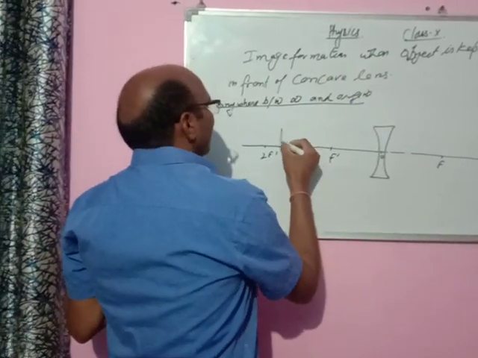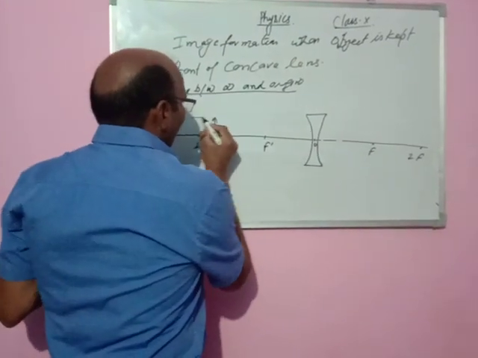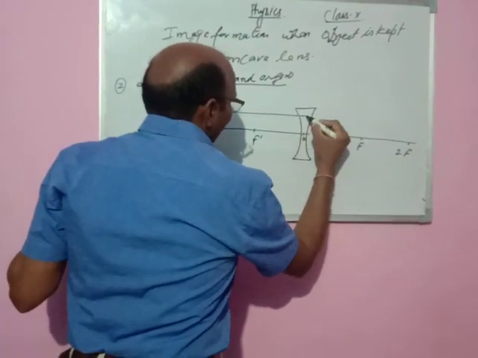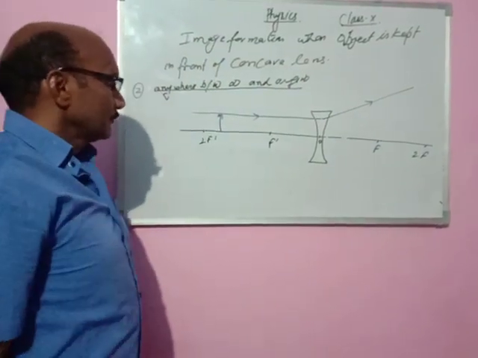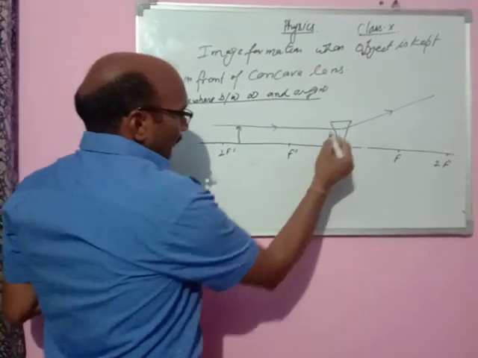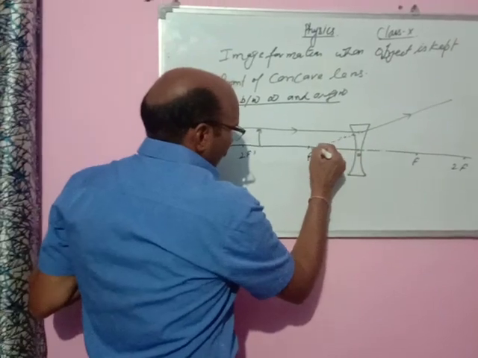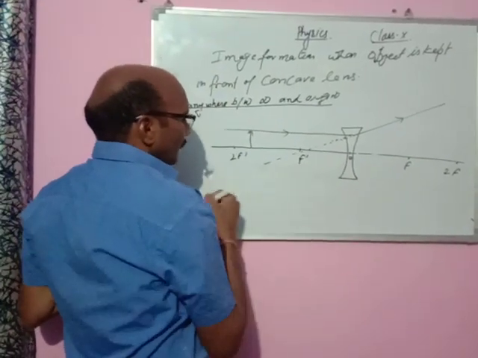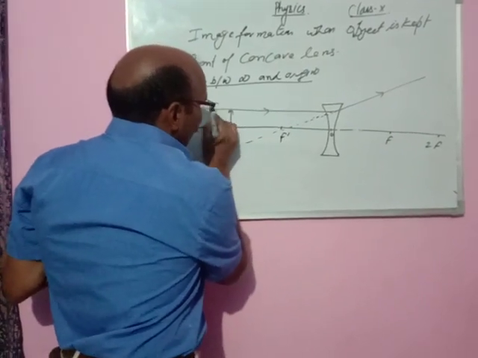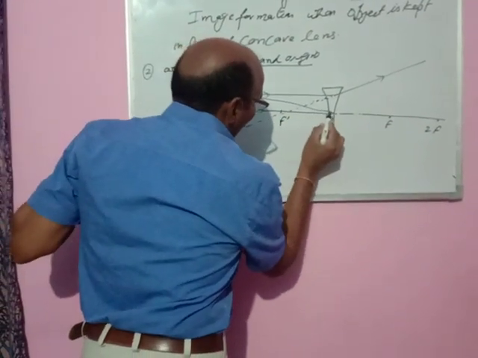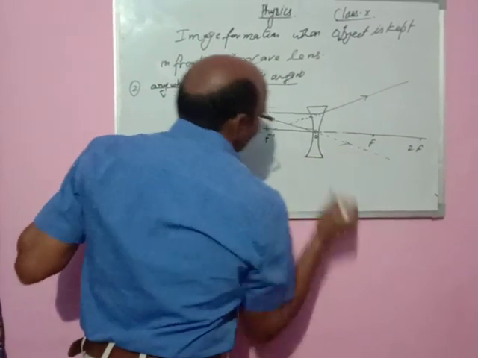Let I have kept the object here. So first light ray which will go parallel to the principal axis, it will diverge. Okay, so it will come back from F. Let me take one more light ray which is passing through O. So it will not deviate, it will go straight.